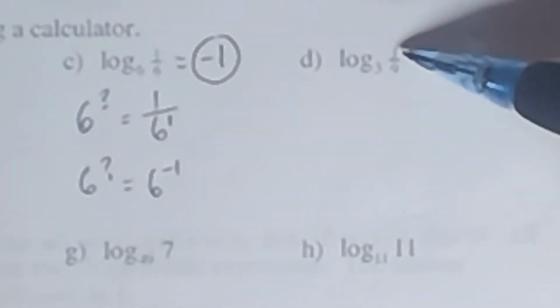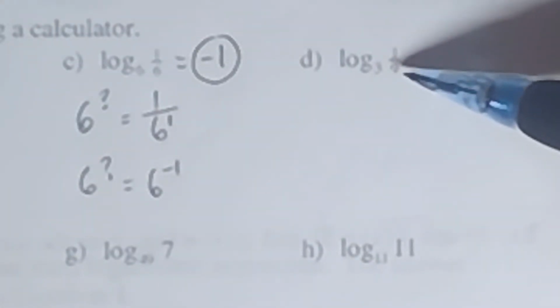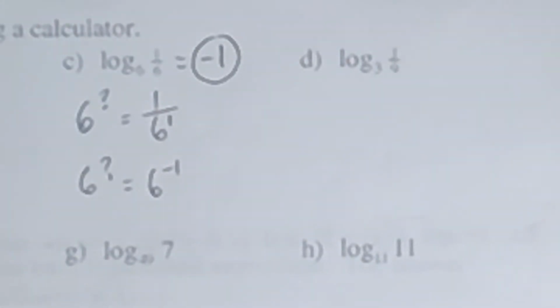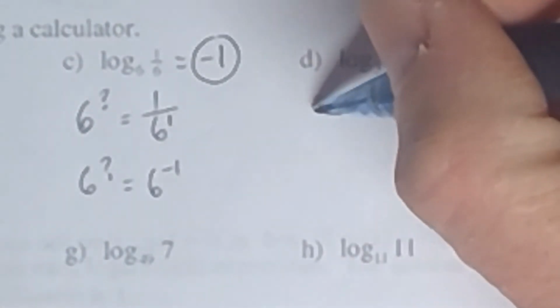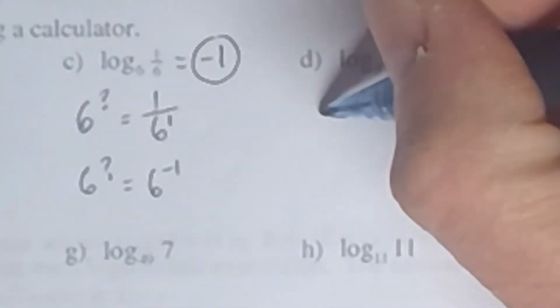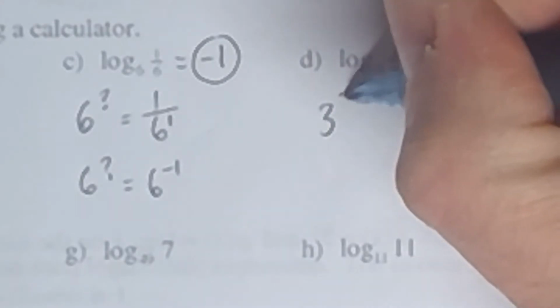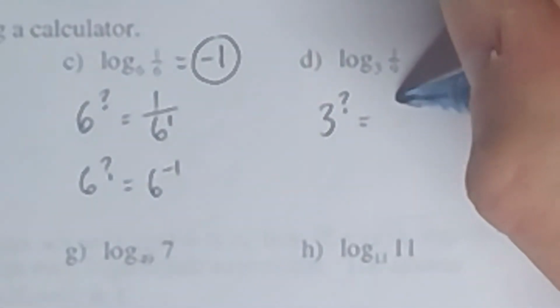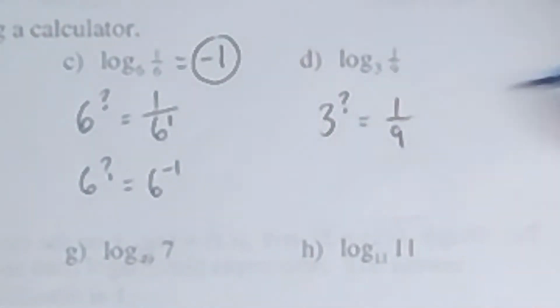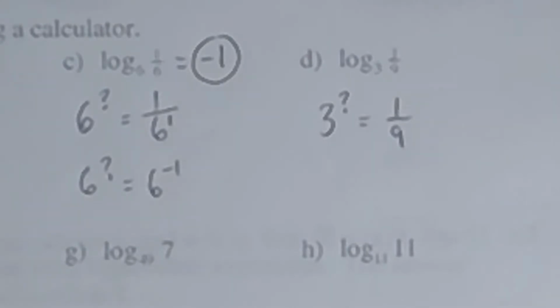In problem D right here, it's a similar thing where once again you have a product term with 1 on the top. Since we have a 9 on the bottom there, let me set it up here first. Your base again is 3. Your product term is 1/9, and since they want to know what the log is equal to, we have to figure out what the missing exponent is.